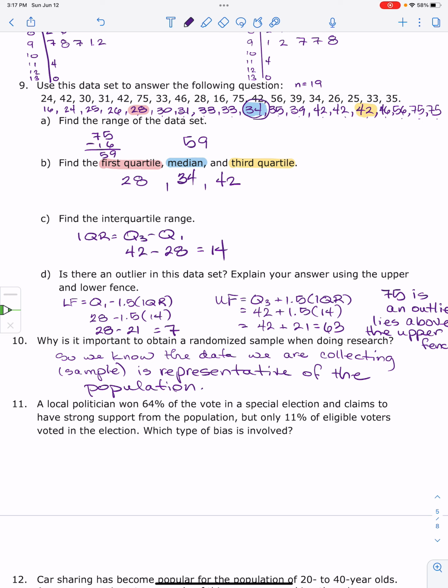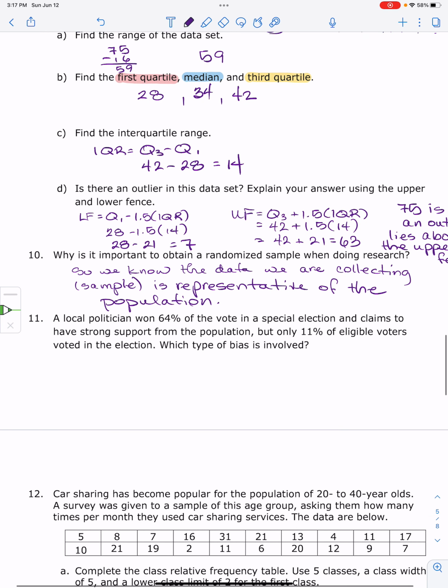And question 11. A local politician won 64% of the vote in a special election, claims to have strong support from the population, but only 11% of eligible voters voted in the election. What type of bias is involved? This is definitely non-response bias.